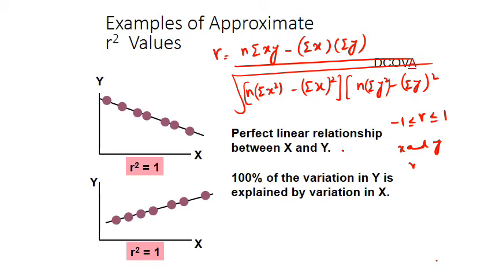After calculating R, if you take its square, R square, let's say R is 0.5, then R square will become 0.25. In that case we say that 25% change in y is because of x.